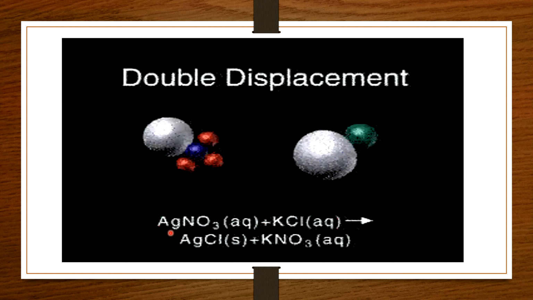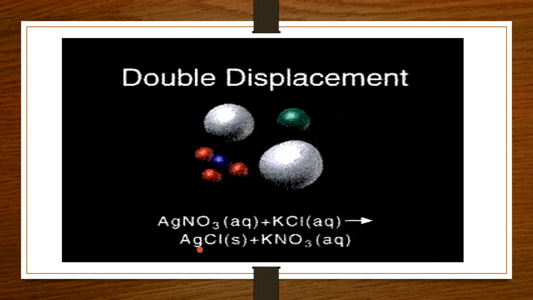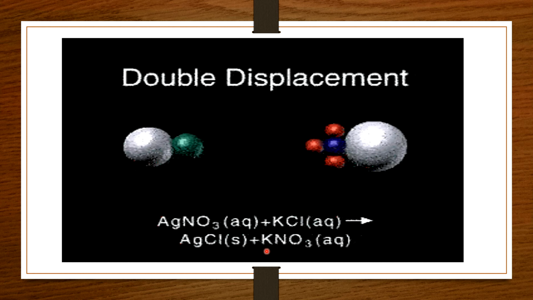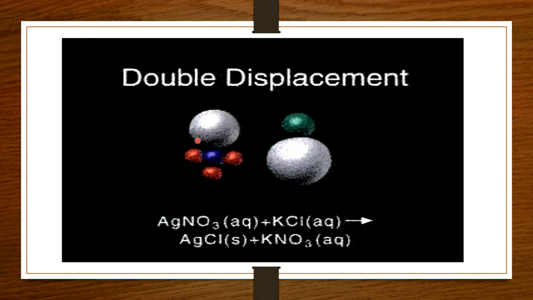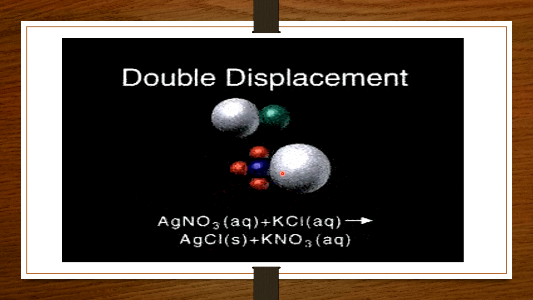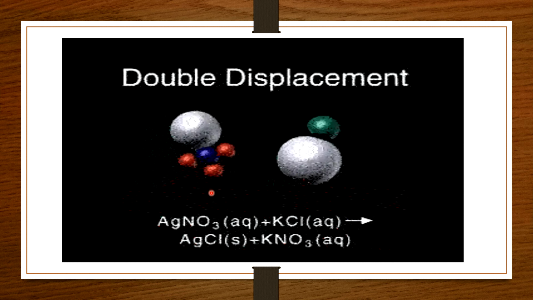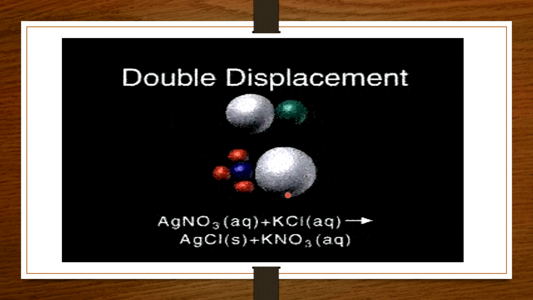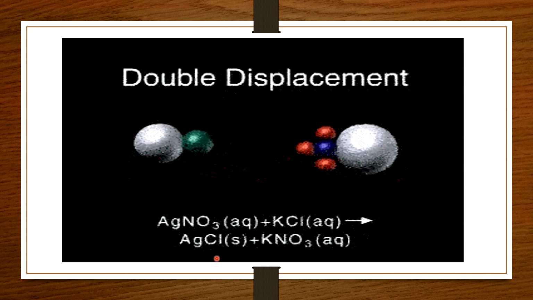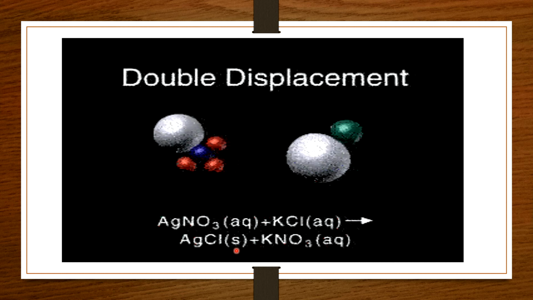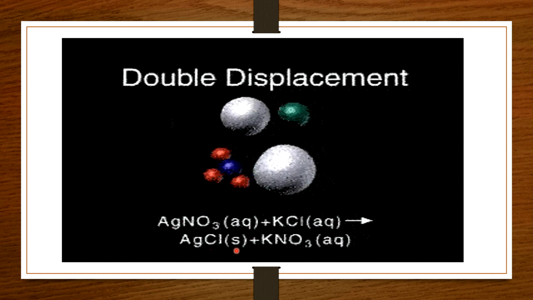Okay, so it will form AgCl, that means silver chloride, plus KNO3, that means potassium nitrate. Suppose this is AgNO3, this is KCl, it will form AgCl plus potassium nitrate. So just an exchange of ions between the two reactants forms a new precipitate. So this type of reaction is called a double displacement reaction. Okay.